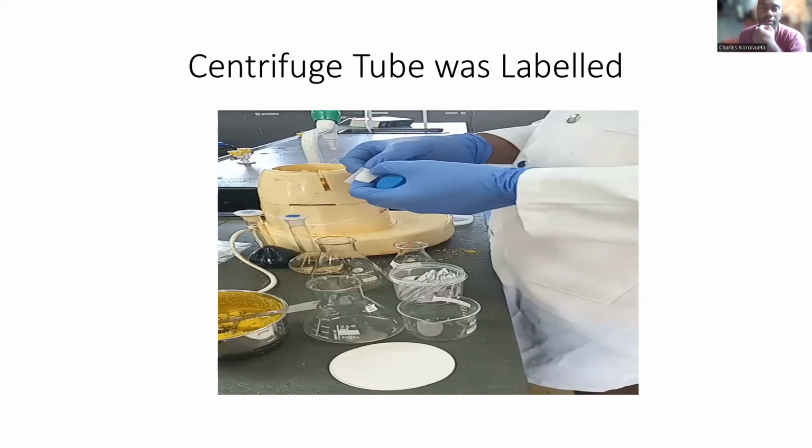This is after homogenization. The reagents were added together with the water into a conical flask, and then it was labeled. Labeling here is very important because we are working with nitrite and nitrate.